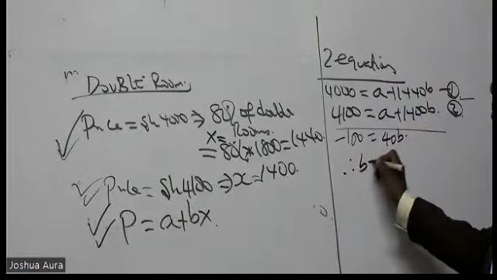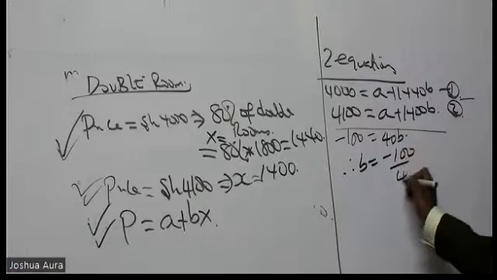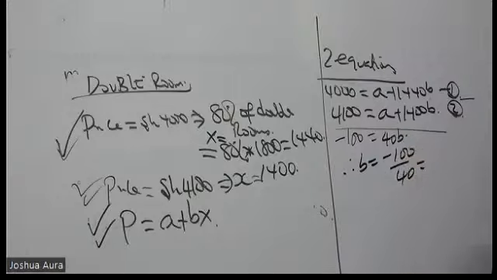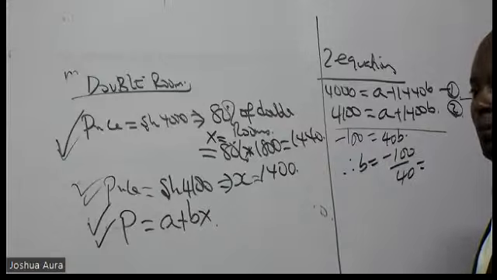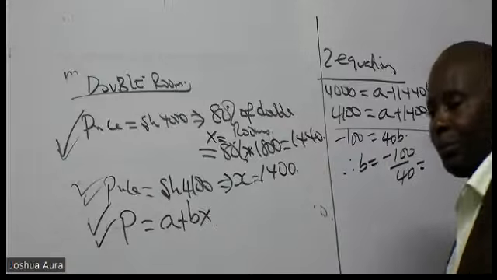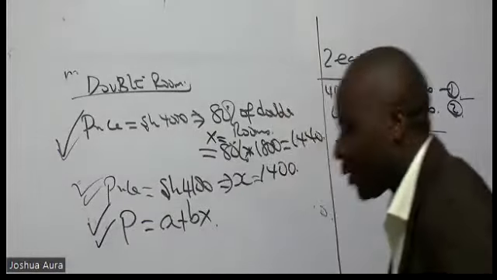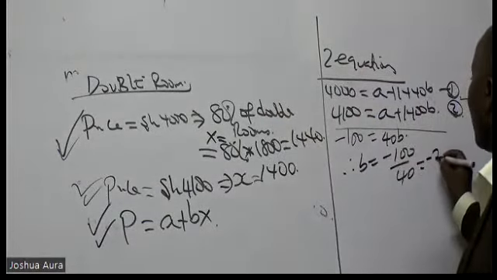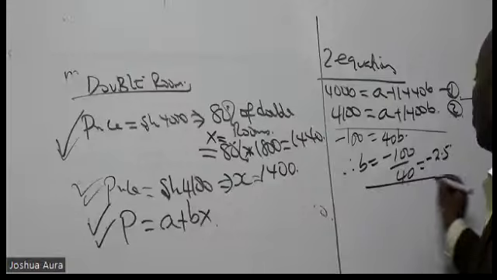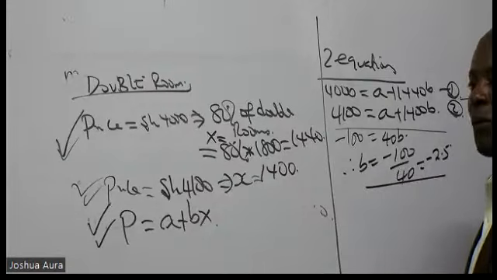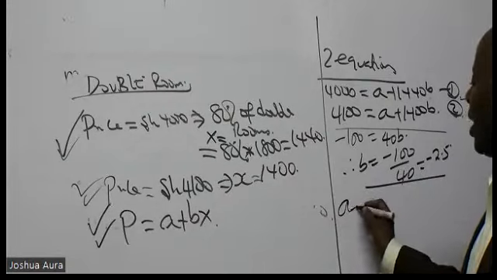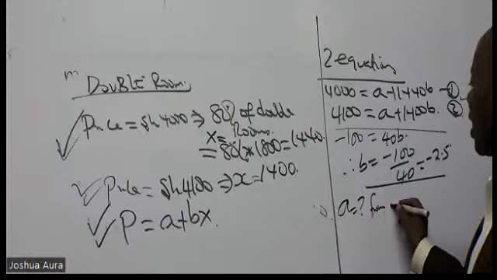Meaning that B will be minus 100 over 40, which gives me what figure? Minus 2.5. Thank you very much. That is the value of B. So then what is the value of A from equation 1?